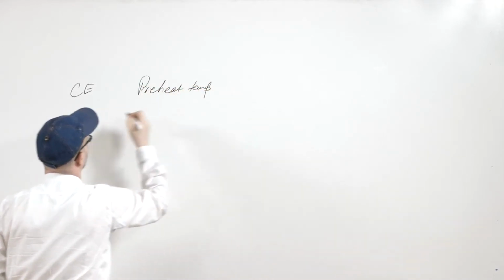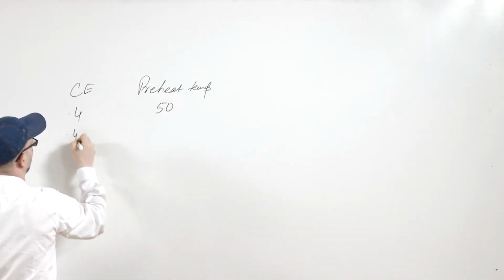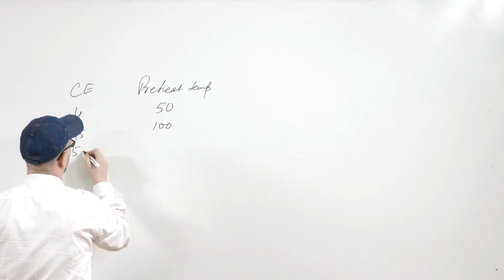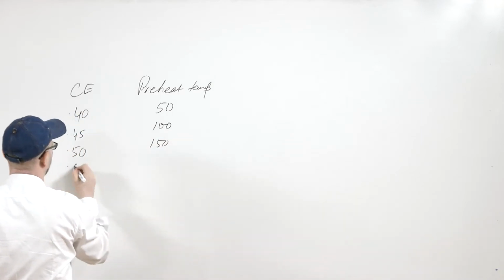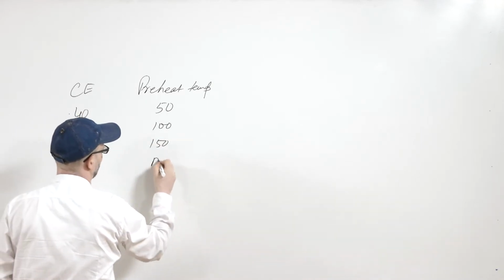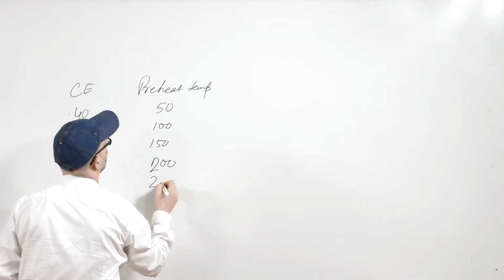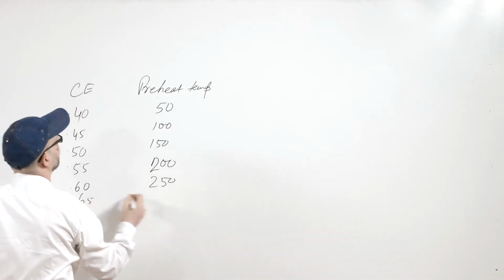So, for 0.4 it will be 50, for 0.45 it will be 100, then for 0.5 it will be 150, then 0.55 it will be 200, 0.6 it will be 250, and similarly 0.65, in that case 300.